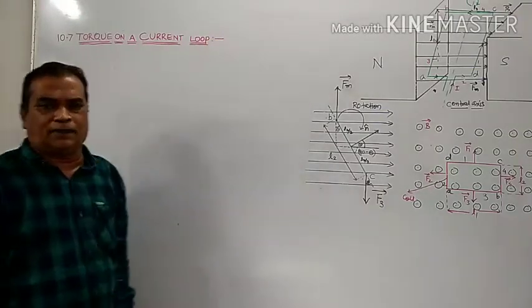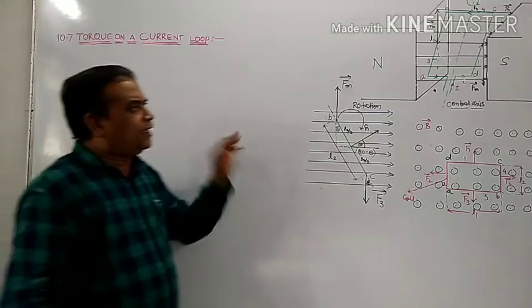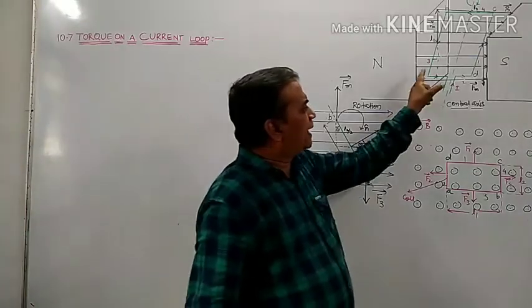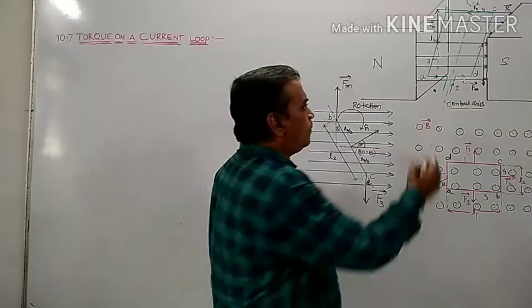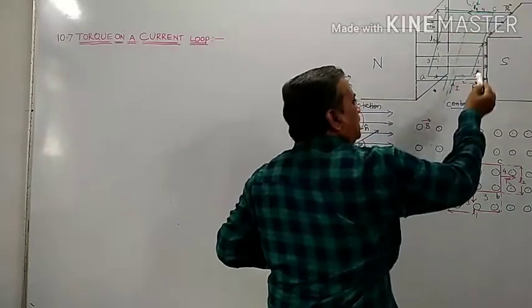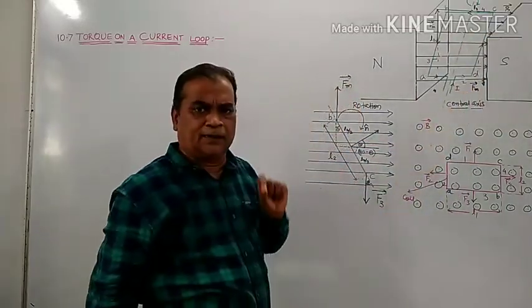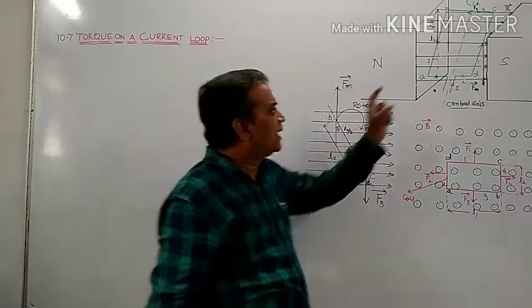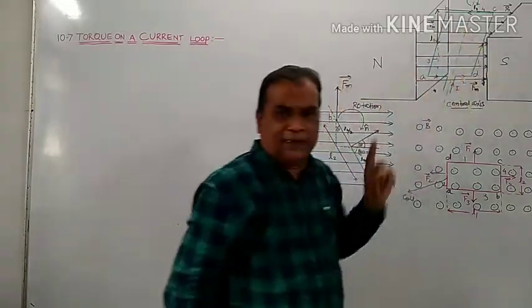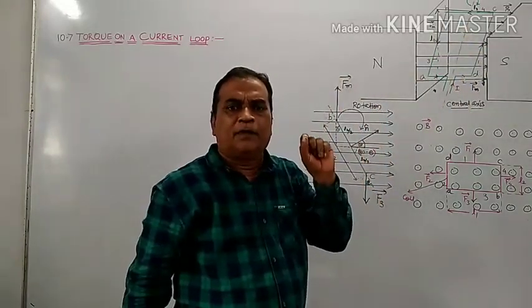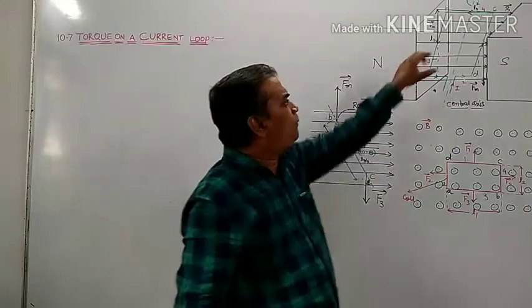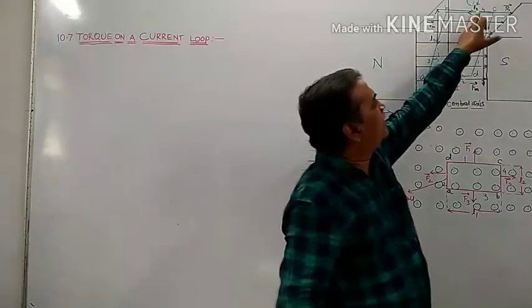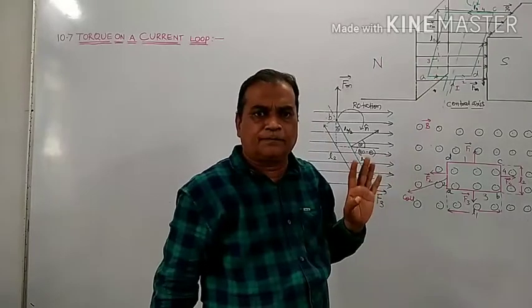So here we have shown a rectangular loop ABCD made up of a conductor, of length L1 and breadth L2.